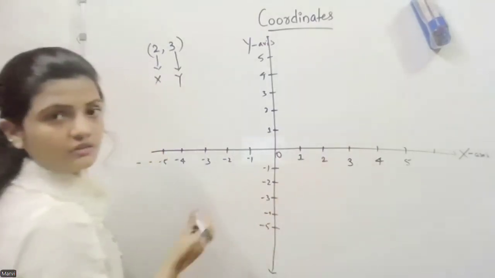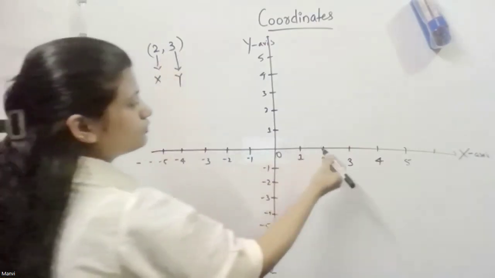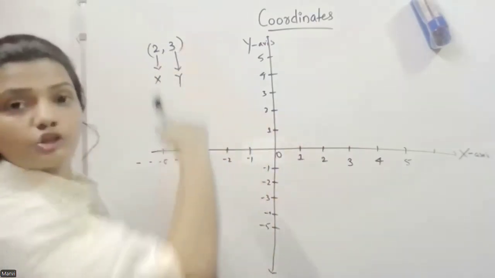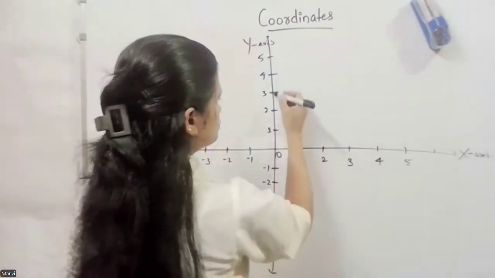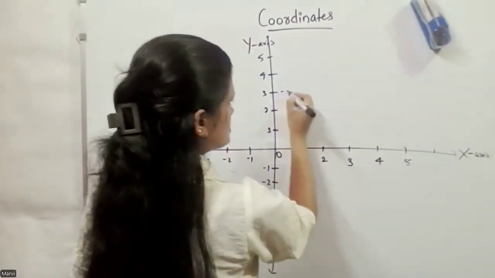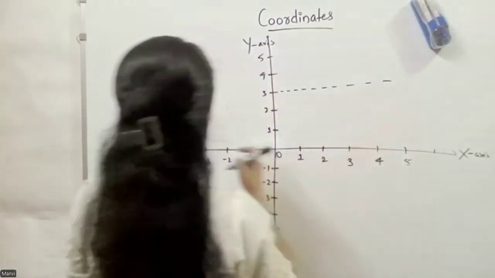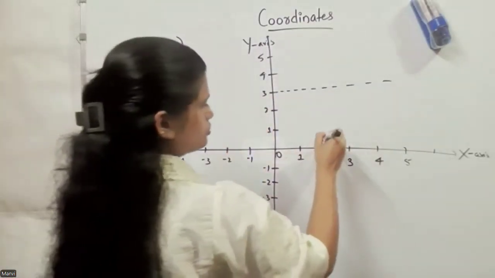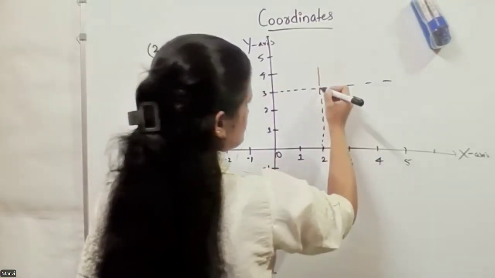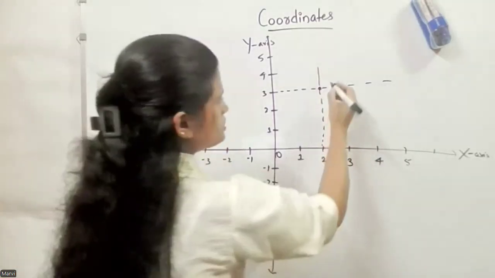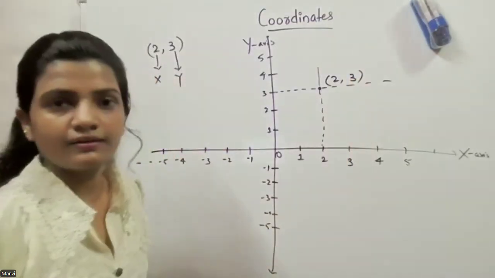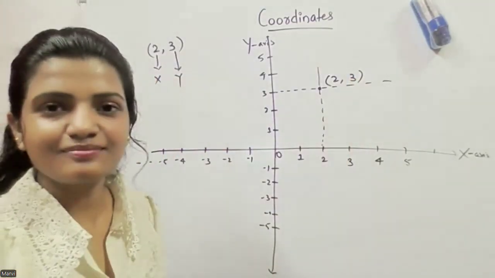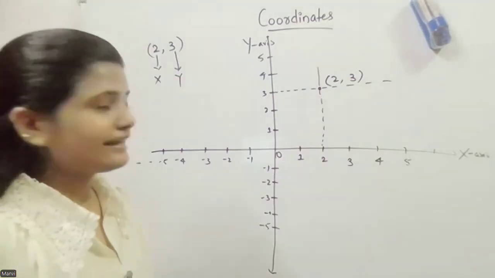Then what about y? We need to move 3 on the top, right? So 1, 2, 3. This means this point denotes the point (2, 3). Any doubt, Kavya?